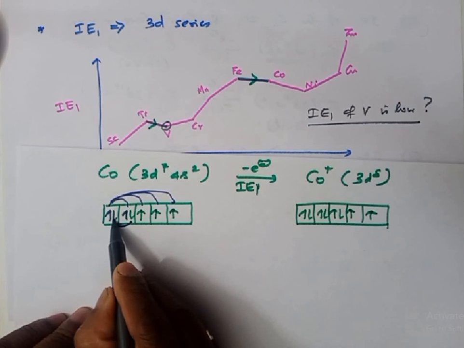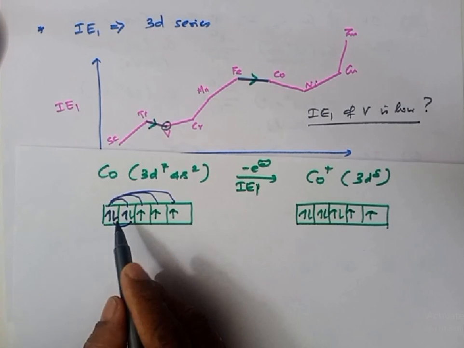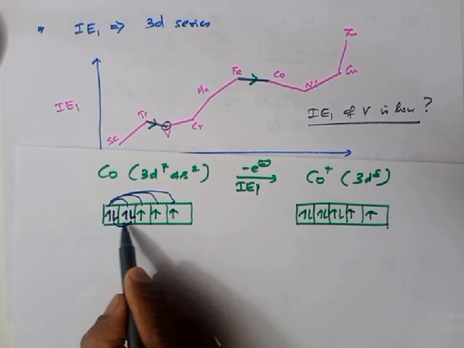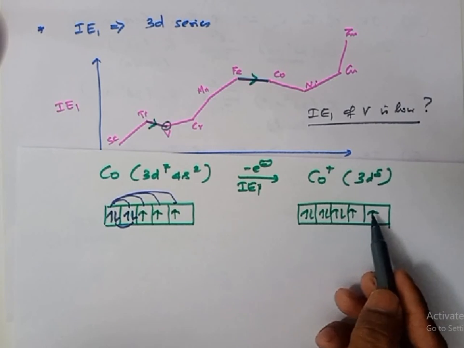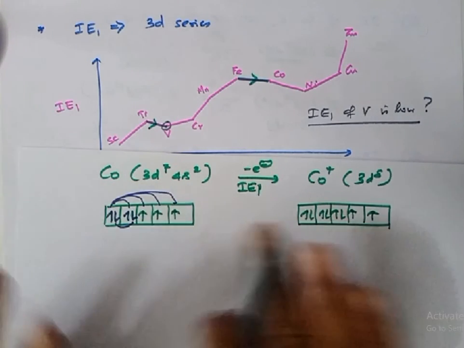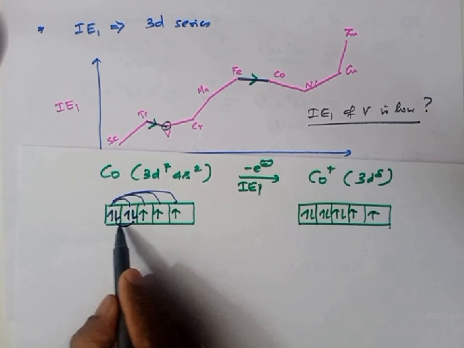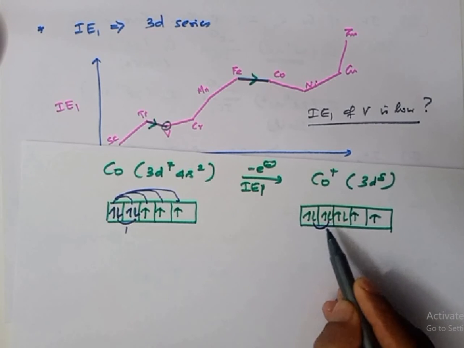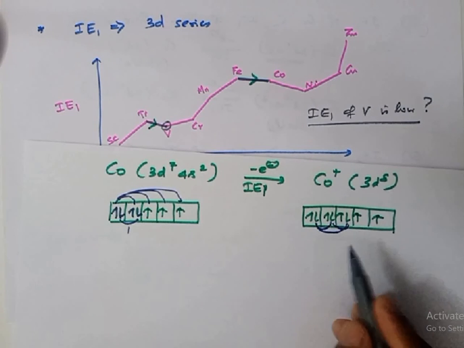That is the spin I represented here as downward spin, it may be clockwise or anti-clockwise. Here we have only 2 downward spin electrons, so only 1 exchange is possible. Here this downward spin electron can be exchanged with this, this with this, and this with this. So there are 3 possibilities.